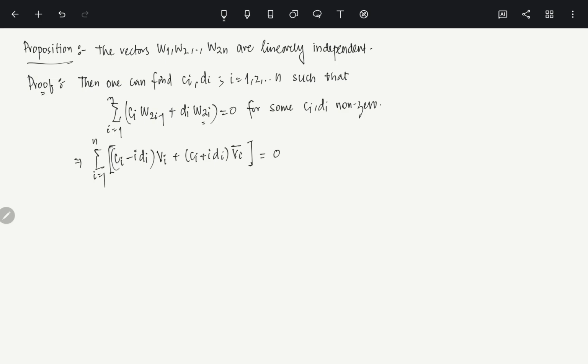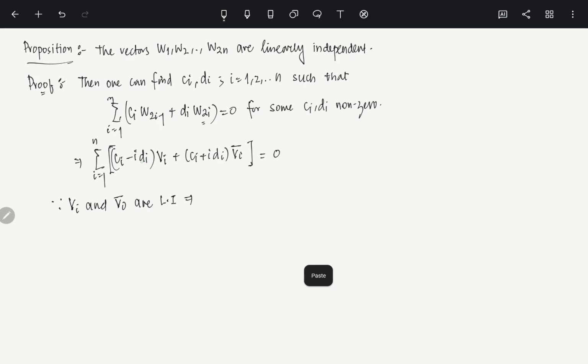Clear? Now you see V_i and V_i bar are linearly independent. What does that imply? Since V_i and V_i bar are linearly independent, of course c_i equals plus or minus i d_i.